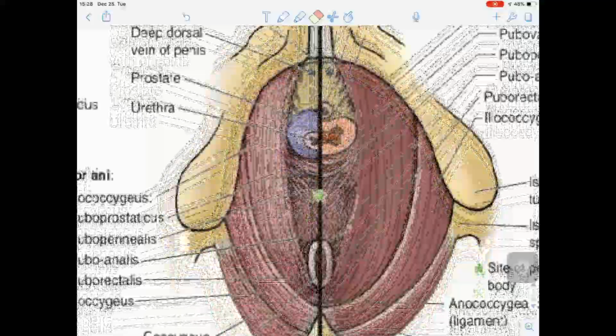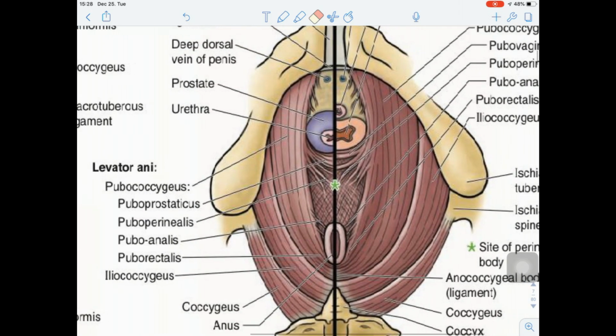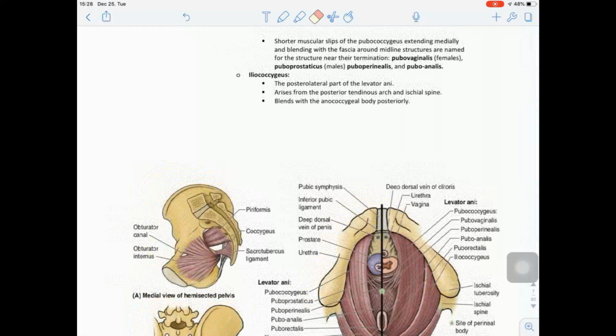Levator ani, as I said, is composed of three muscles. The first part is this guy, attaching to the pubic bone and going around the rectum. This part is called puborectalis, the part which is around the rectum. Puborectalis is really important anatomically.